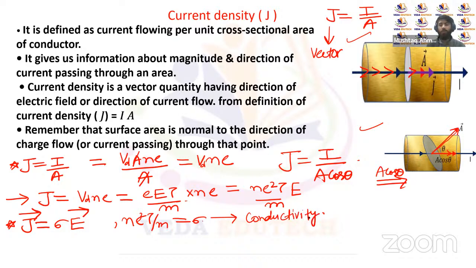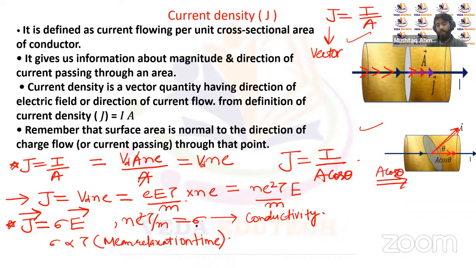This conductivity of the conductor depends upon the mean relaxation time, so sigma is directly proportional to tau, the mean relaxation time.